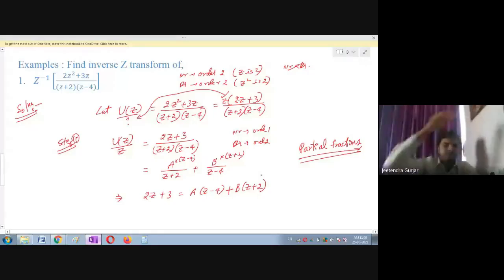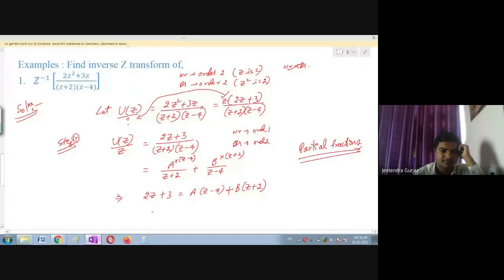So therefore you can see this one. Yes students, please simplify and tell me what is the answer.